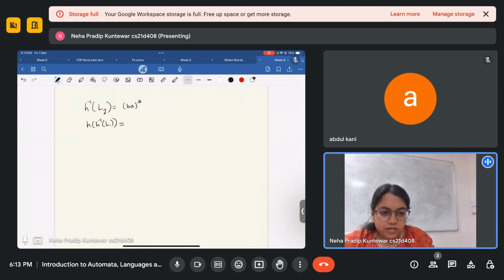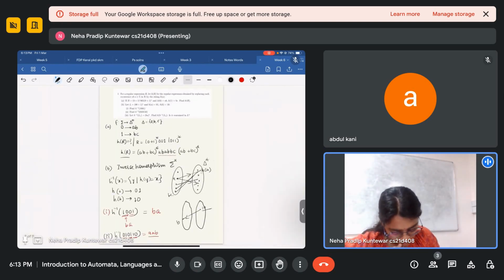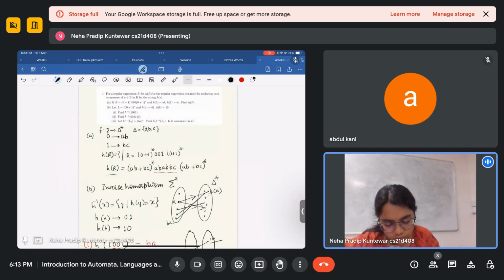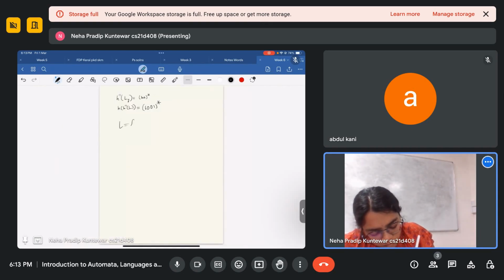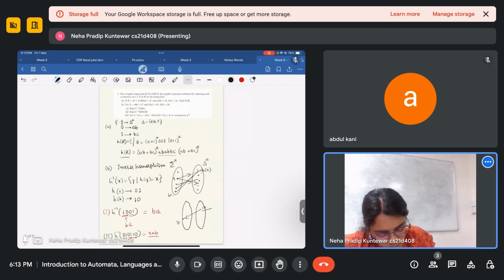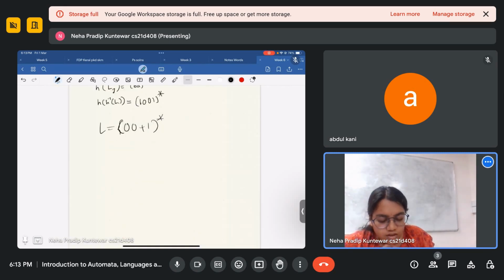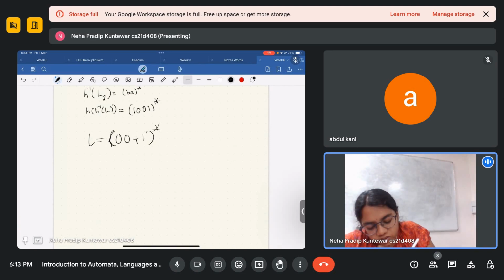Basically every B is replaced with 1 0 and every A is replaced with 0 1. So this is what you get. Now the question that is asked is whether it is a subset of the language L, which is (0 0 plus 1) whole star. Okay, so that is L. So the question is, is this language L prime a subset of L?